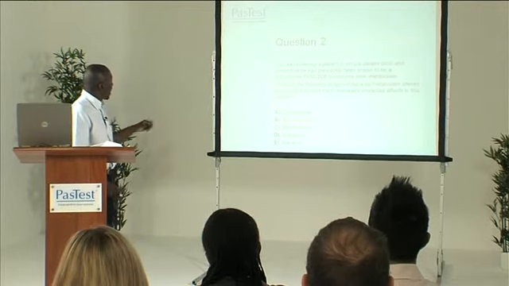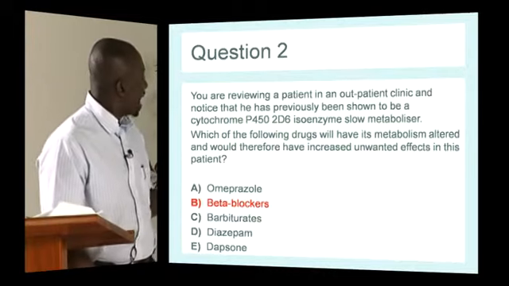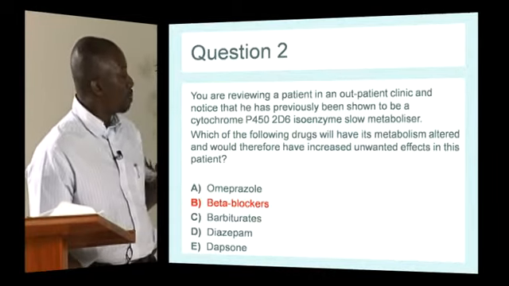Barbiturates, diazepam, and dapsone are not 2D6. 2C8 is a metabolizer of omeprazole, and 2C9 is a metabolizer of warfarin, which is not there. Those are the important isoenzymes and their substrates.